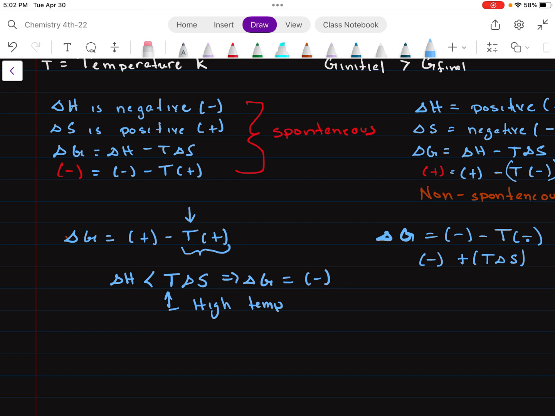Now, in this situation, the temperature again plays an important role. Because if the temperature is high enough to bring this number where T delta S is greater than the enthalpy, then again, you're going to have a spontaneous reaction.